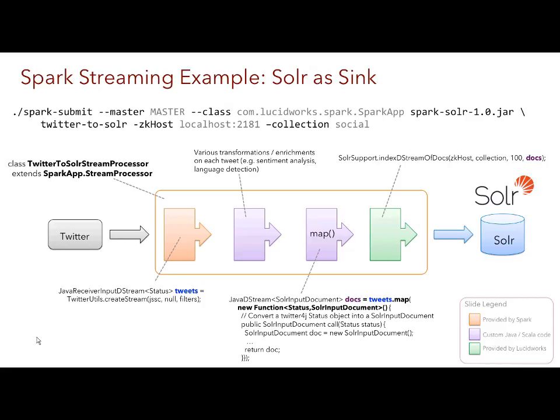And we build into the Spark framework that we provide a little Spark app to save you some boilerplate code and that sort of thing. And you just submit this job using the Spark submit tool. And you give some parameters. In this case, you're going to go Twitter to Solr, Zookeeper, and which collection to index into. All these things should look very familiar to you. What that does is, out of the box, Spark comes with built-in tools to read from Twitter.